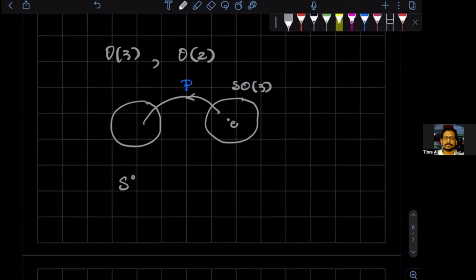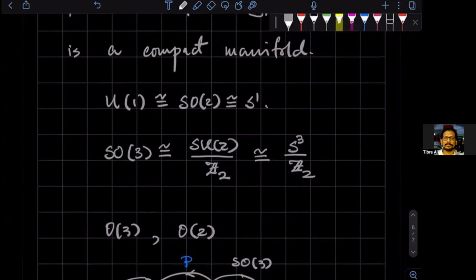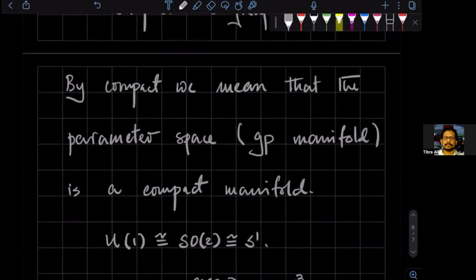But of course, you can say R cross R is a disconnected manifold, right? But this is a more interesting example, so to speak. And O(3) is an even more interesting example. Okay, so I hope you understand what a compact manifold is.